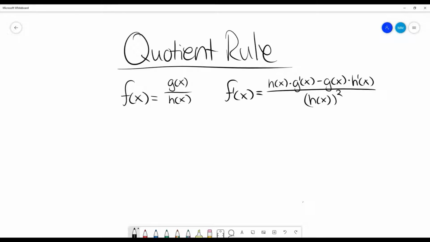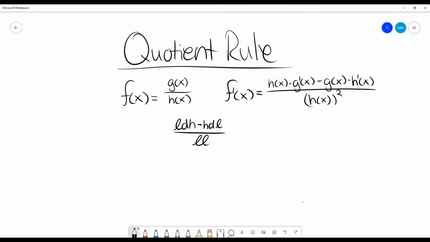And obviously there's a lot going on there that's really tricky to remember. The way that I learned it in high school, my teacher, I don't know if it's super helpful, but the way that I learned it is we say low d high minus high d low over low low, which just tells us that we take low, our low term, times d high, so the derivative of the high term, minus high d low, so the high term times the derivative of the low term, over low low, so the low term times itself.